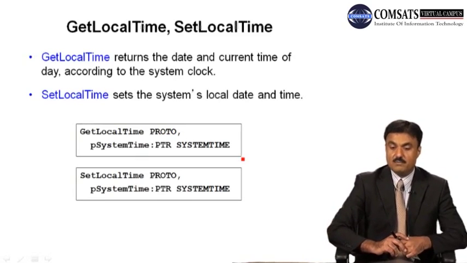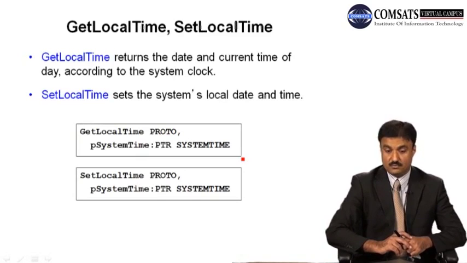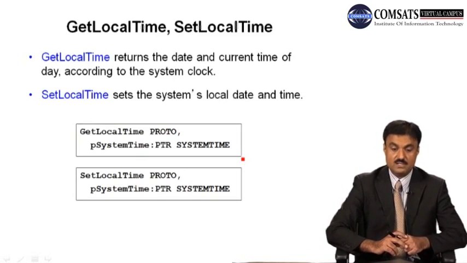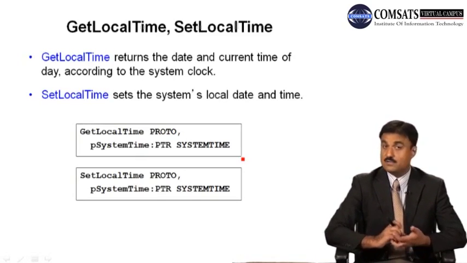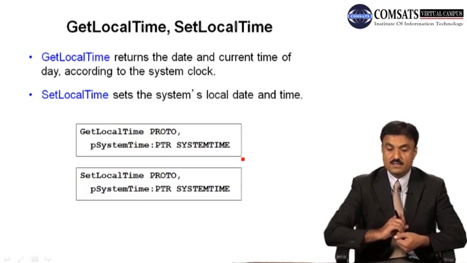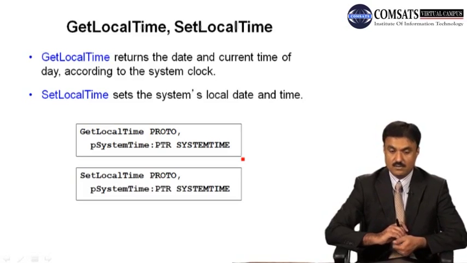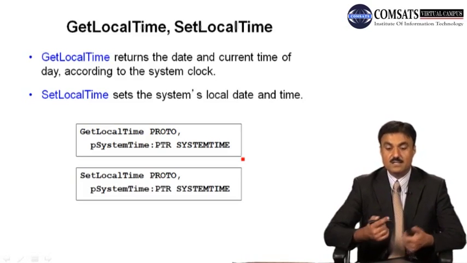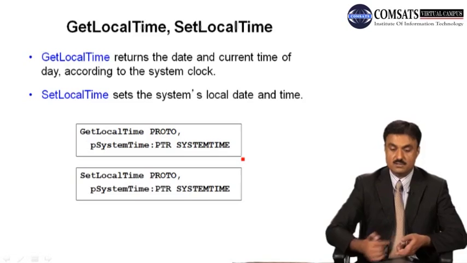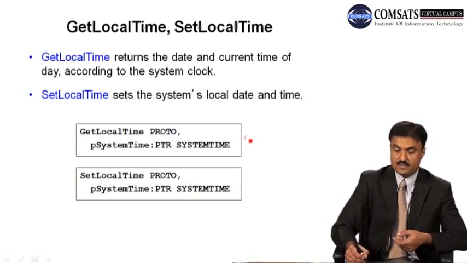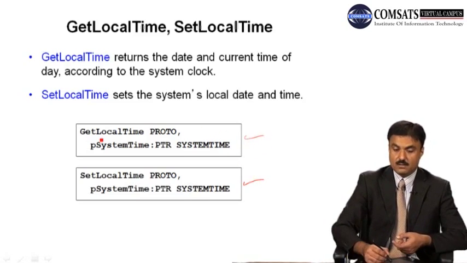GetLocalTime and SetLocalTime are two functions. The first function, GetLocalTime, will return the date and the current time of day according to the system clock, and the second one will set the system's local date and time. Here you can see the prototypes.